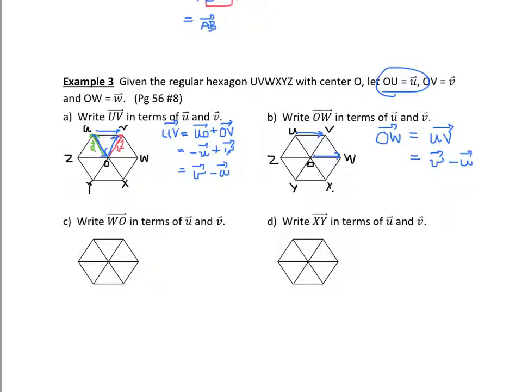The next one asks us to write WO in terms of u and v. Now again, on your picture, WO is this vector here.